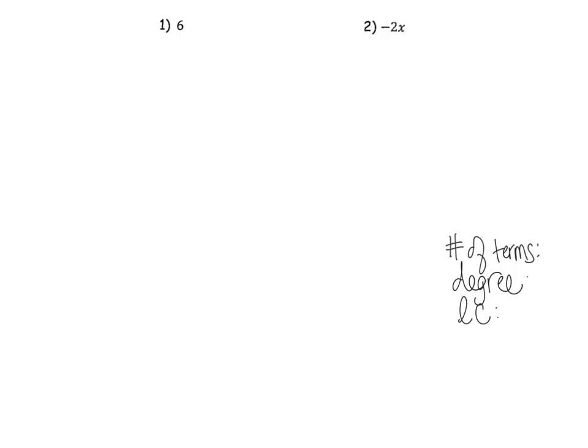I'll call that LC. So on 6, how many terms does the number 6 have? 1 term. What's the degree? 6 to the what power? 1. The first power. First degree. And if there's only one term, then that's called a monomial.